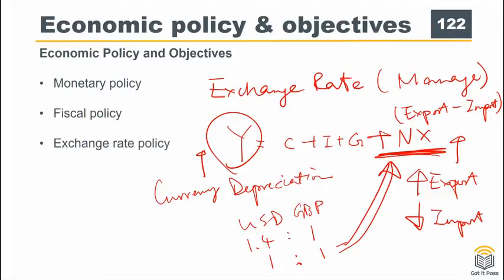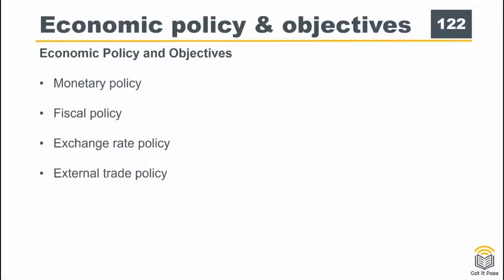So some governments would like to depreciate their own currency if they can manage the exchange rate, if that can help net export, the balance of payments, even the interest rate, to achieve their policy objectives. External trade policy is sometimes quite similar to exchange rate policy.